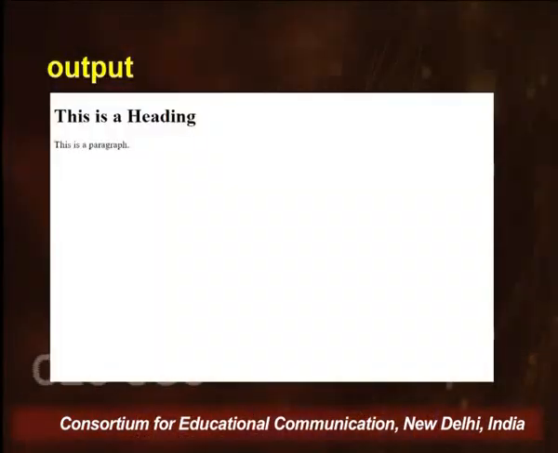As an output we can see this is a heading, and at the second line this is a paragraph. So this is the output of the very small code which we have seen at this point.